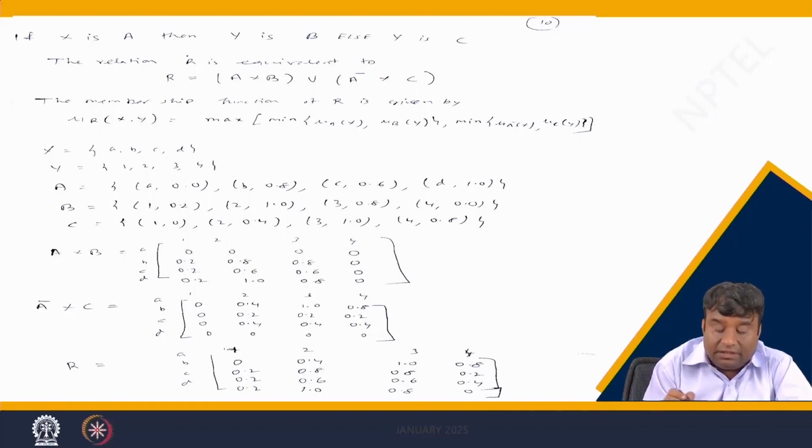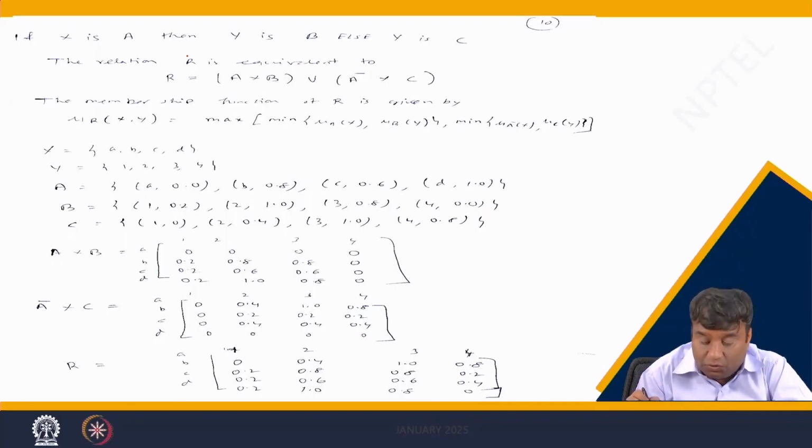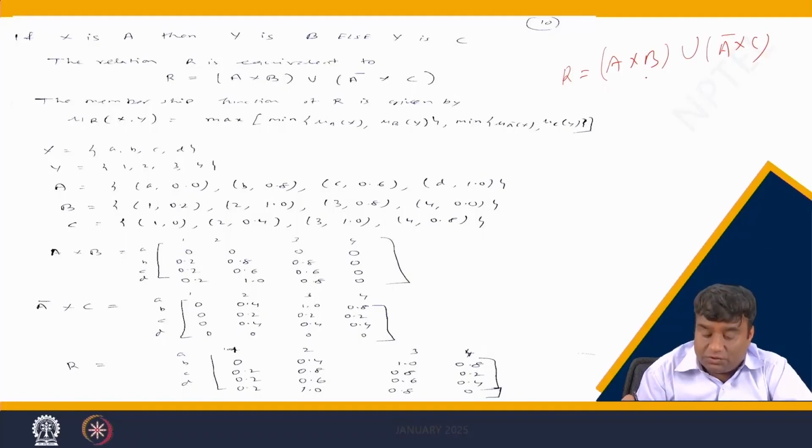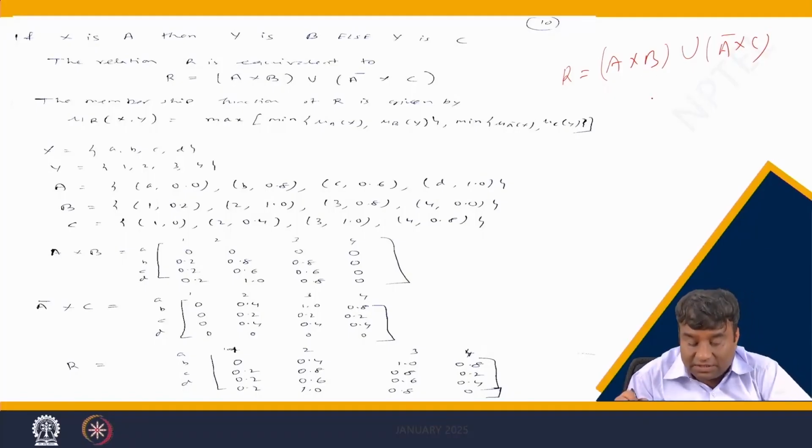So here the relation is equivalent to R equals A cross B union A complement cross C. We can define it by any operator. We are trying to understand the simple relation we are finding. So first A and B are fuzzy sets, so we take the relations. We find the Cartesian product.